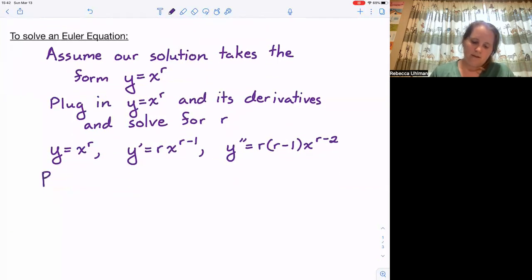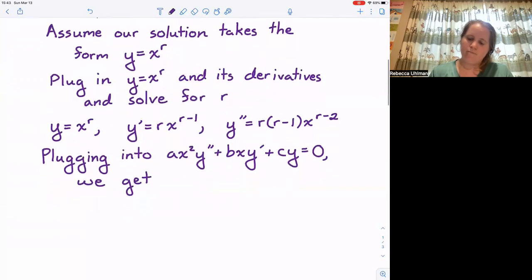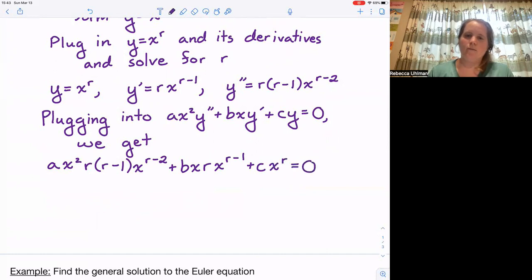Then if we plug into ax squared y double prime plus bx y prime plus cy equals 0, we get a times x squared times r times r minus 1 times x to the r minus 2 plus b times x times r times x to the r minus 1 plus c times x to the r equaling 0.